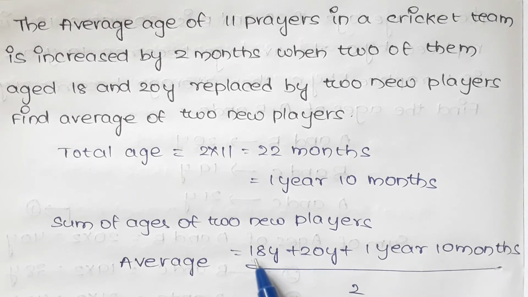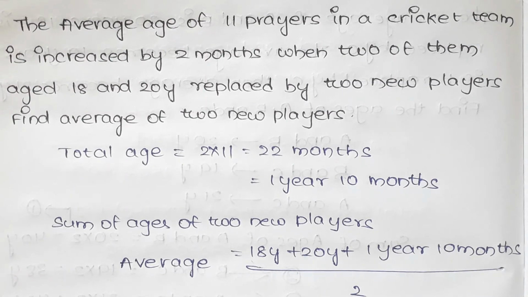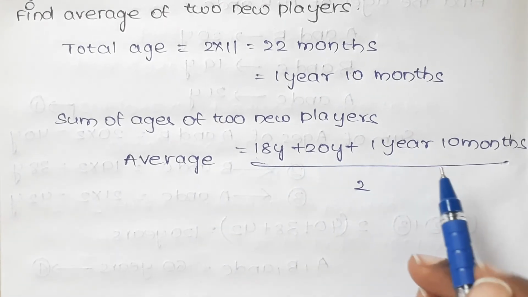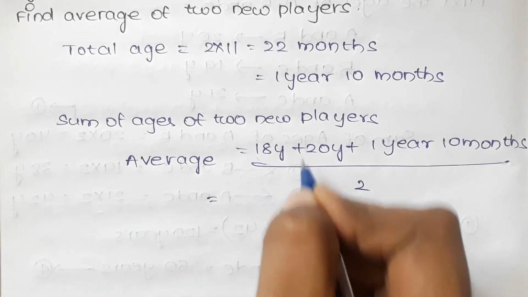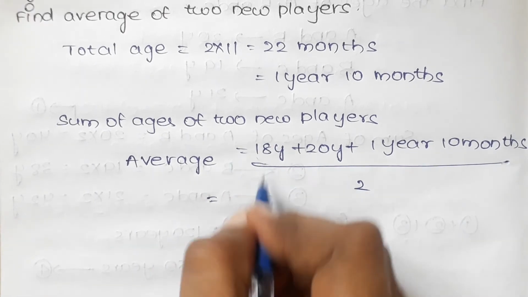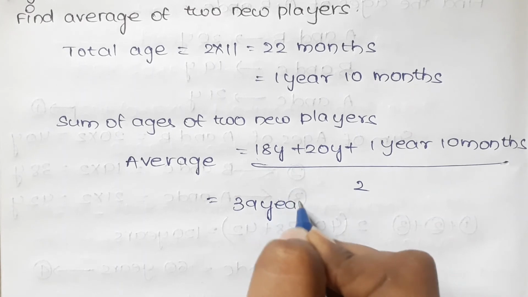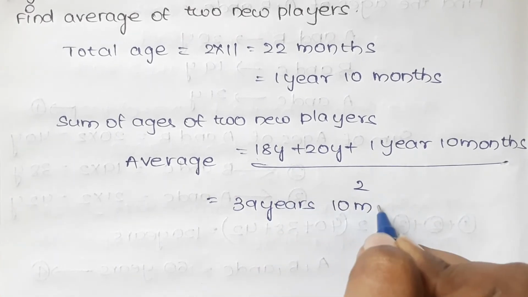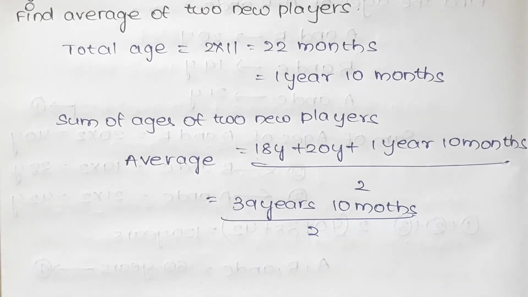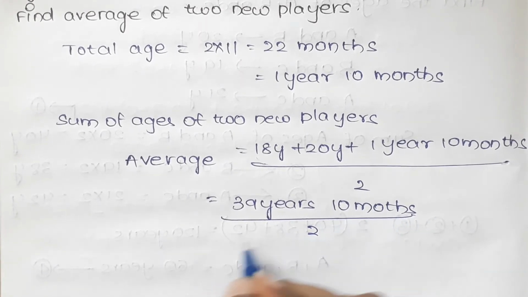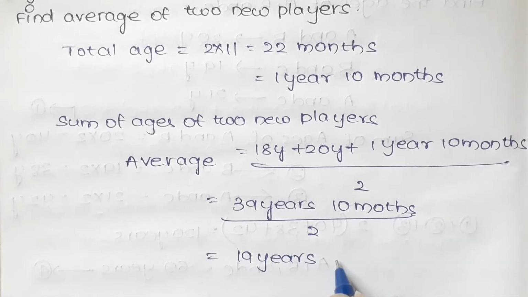And now this is the sum of ages of the 2 new players, and this is the required average. When we add all these, we will get 39 years 10 months, divided by 2, and we will get 19 years 11 months.